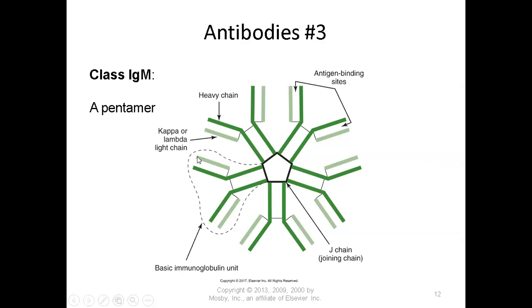So if you count them, 1, 2, 3, 4, 5, 6, 7, 8, 9, 10. That's important to remember. It's a pentamer, has 5 immunoglobulin molecules coming together to make IgM, and that means it has 10 FAB binding sites.